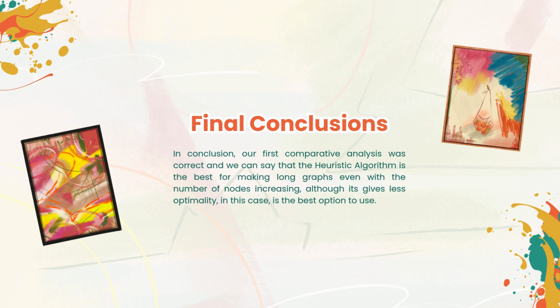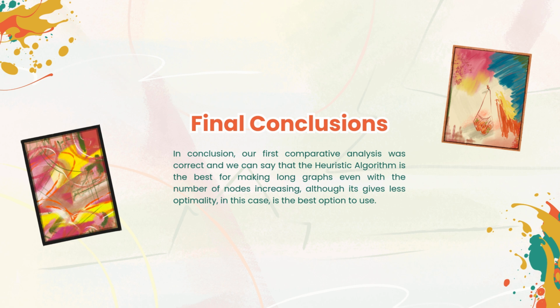While it doesn't always guarantee the most optimal solution, it offers a good balance between speed and efficiency, making it ideal for real-world applications, where finding a fast and acceptable solution is more important than waiting for the best one.